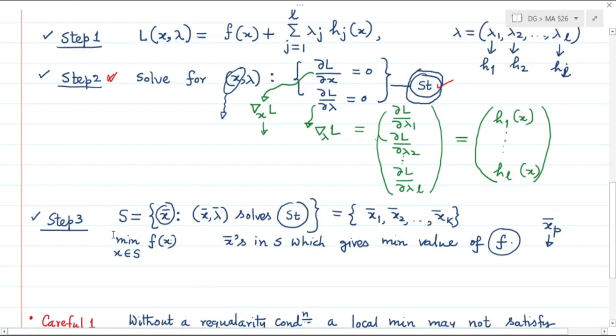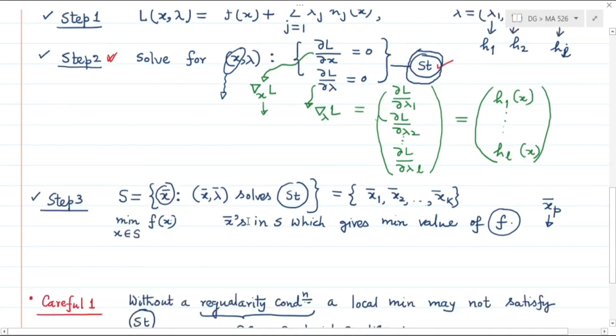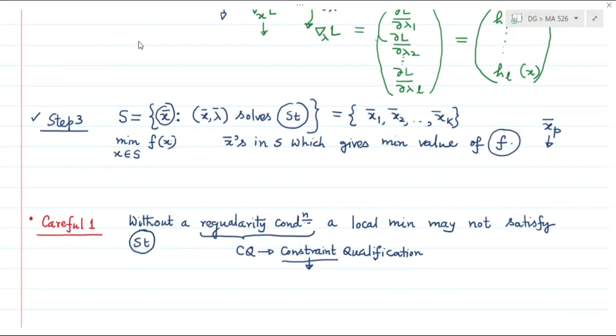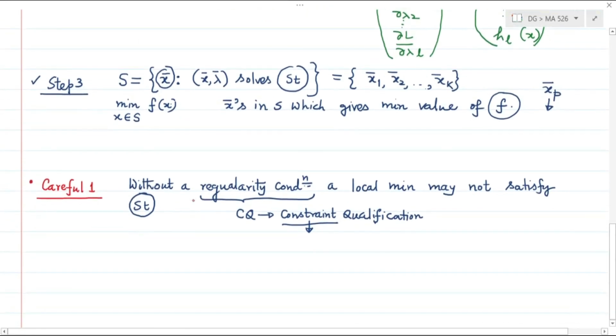So in step 3, you are just declaring that a solution of the stationarity system is a local minimum. This is obviously not fair, and therefore in step 3 your conclusion may be misleading without an extra check. The extra check will be, in our course, a second order optimality condition, the second order sufficient condition.